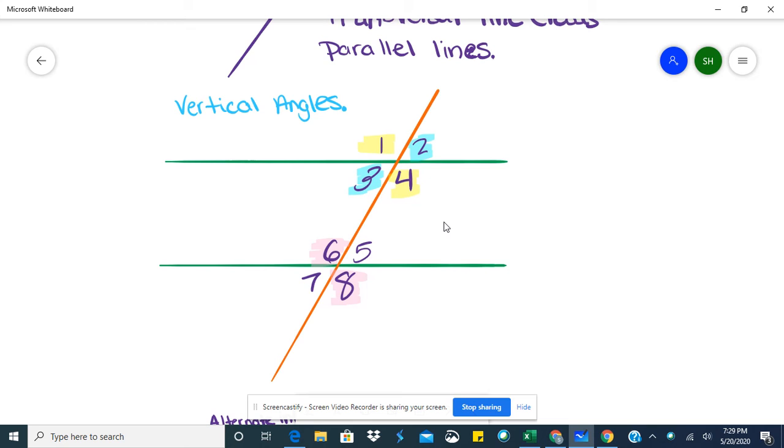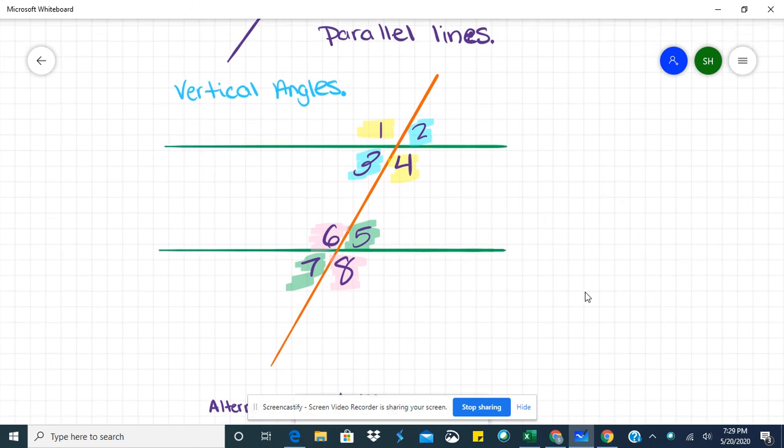And 7 and 5, which are vertical angles. They're the ones that are diagonal from your first angle. Easy peasy. So now on to the next one.